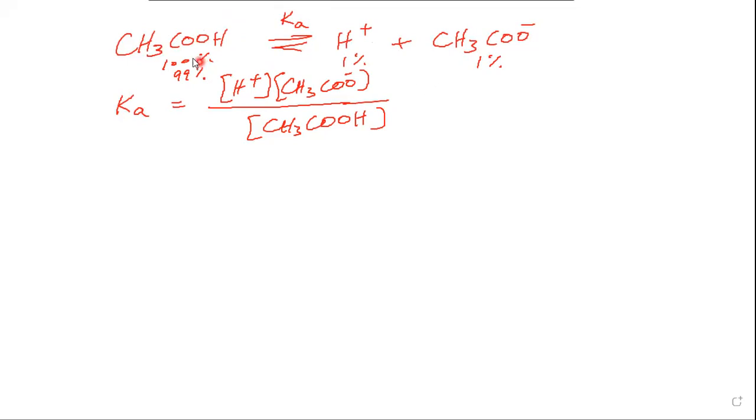Sometimes they say 1%, and sometimes they range it between 1 and 10% dissociated into hydrogen ions and ethanoate ions. Now, in order to simplify our equation, we are going to consider the concentration of the ethanoic acid to be constant, because only a very small amount of it dissociated into hydrogen ions and ethanoate ions.